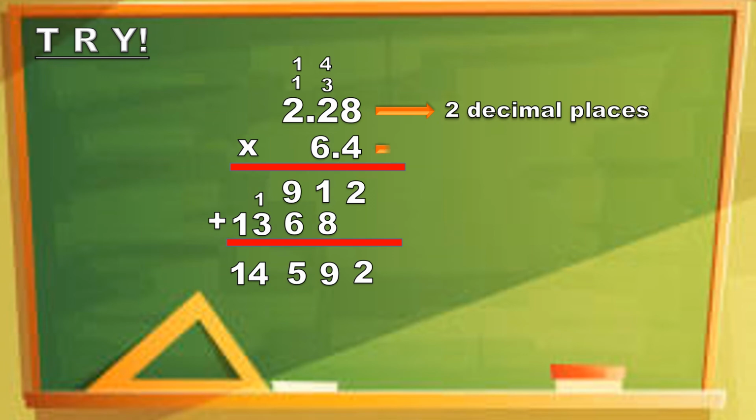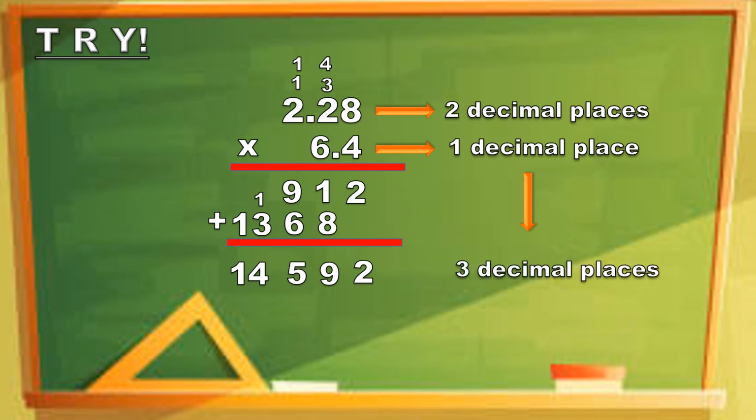Our multiplier has one decimal place, and the total number of decimal places in our factors is three. So our product must have three decimal places. We put our decimal point here. So our answer is 14 and 592 thousandths. Did you get that? Good job.